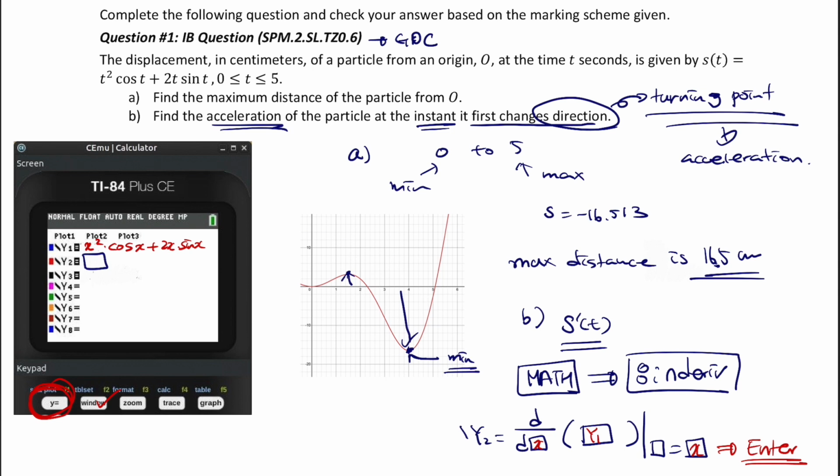Since we know the turning points occur when the first derivative is equal to 0, you need to find the x-intercept on the graph of the first derivative, or the first maximum on the graph of the original function.